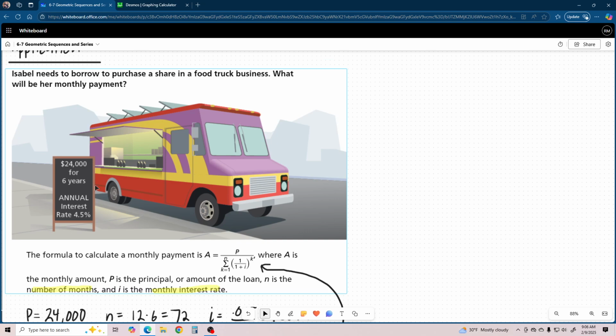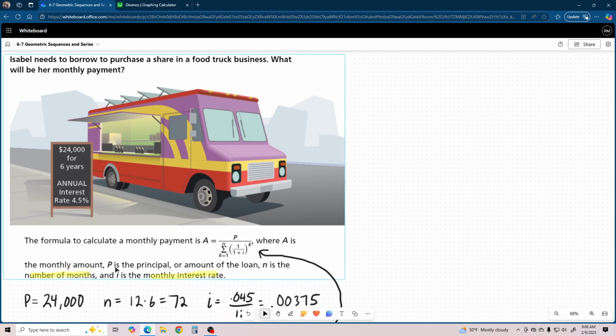This is a very inexpensive food truck, actually. 24,000? That sounds pretty cheap. But anyway, for 6 years, the annual interest rate is 4.5%. What are they asking us for in the problem? What is our i in this problem? It's our monthly interest rate. They gave us the annual interest rate, so we can't just plug in 4.5. That wouldn't work, plus it's a percentage, but you get the idea. And N is the number of months.